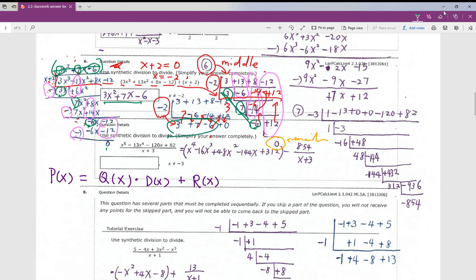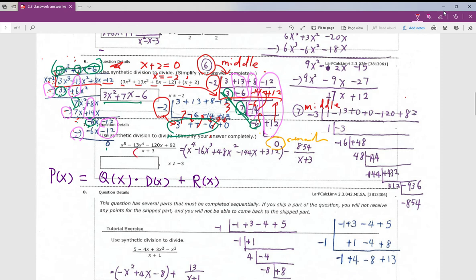Okay, so number 7, I show my work here. This is the middle part. You may compare this one with the long division, it is more similar to the long division. But how do we try the synthetic division?